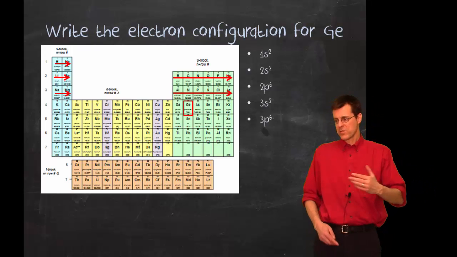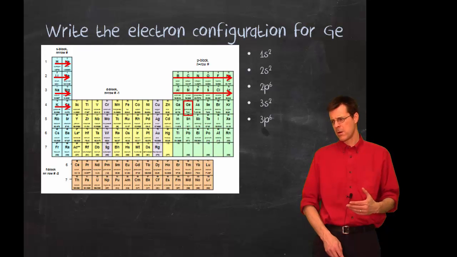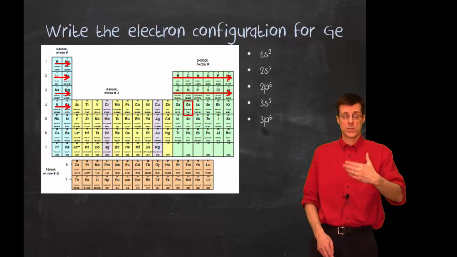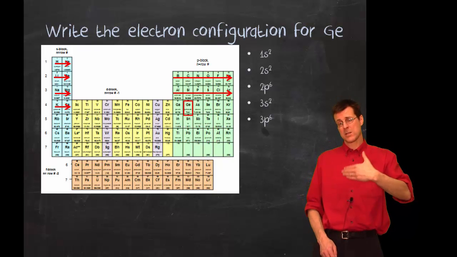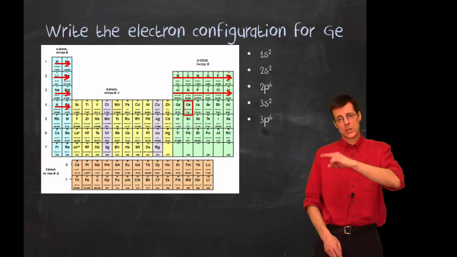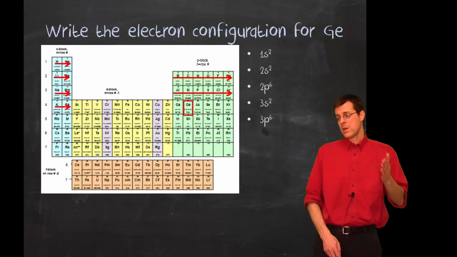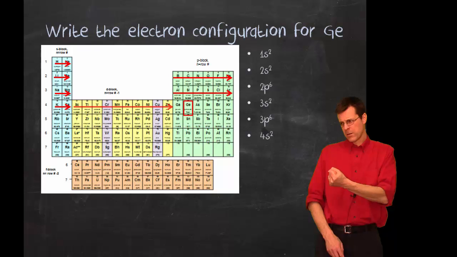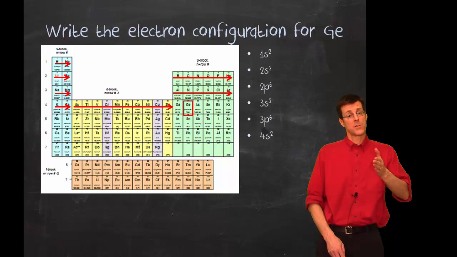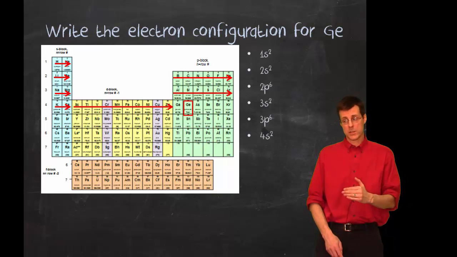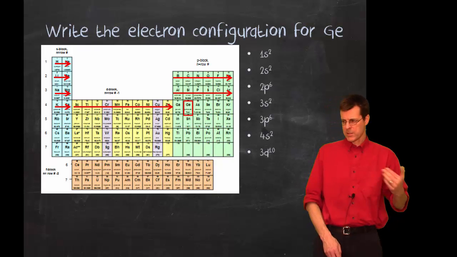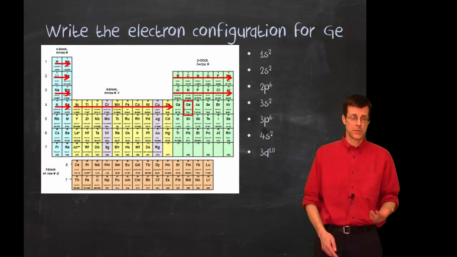Row number 4 starts out the same way, 4s2, but once I go from the 4s into that next block, it's row number -1. So the next block is not 4, it's a 3, row number -1. Fourth row, but 3d. So that's a 3d, and if you count them all the way across, you have 3d10.